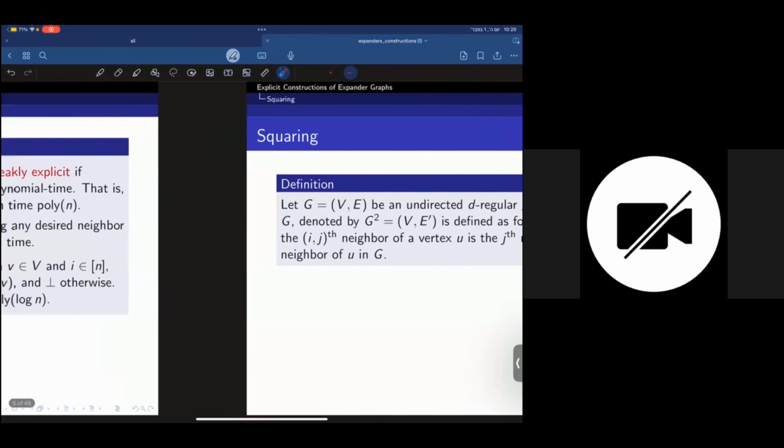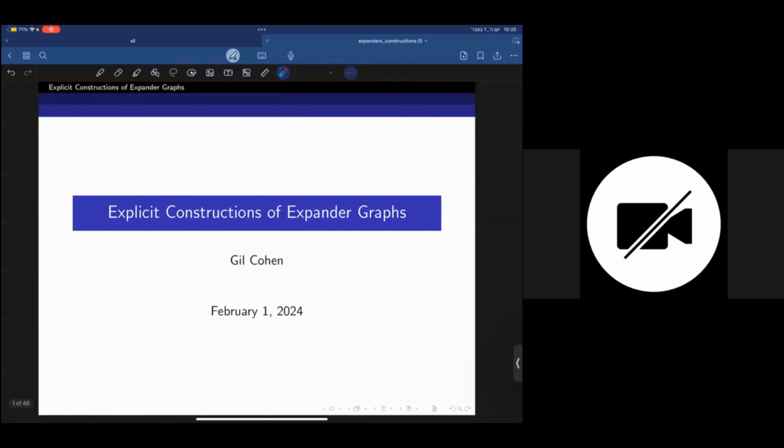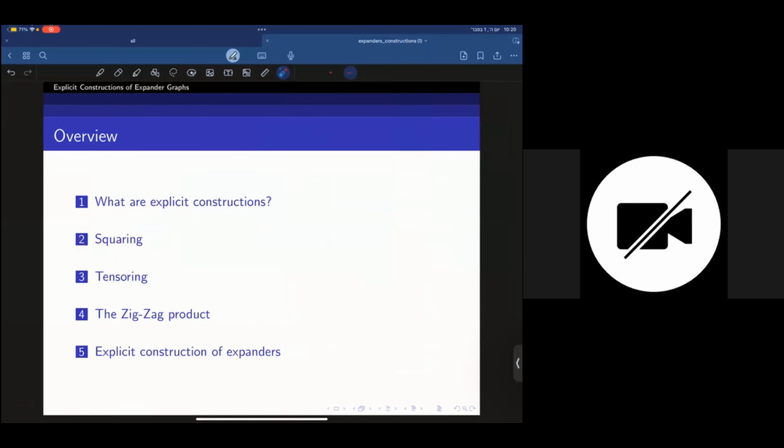So we'll have three operations: squaring, which is really trivial and easy; tensoring, which is almost as trivial and easy, but not really; and the zigzag product, which is the main player here. These three operations, which we will analyze separately, if you use them in the right way, can give you a construction of an expander, as we'll see.